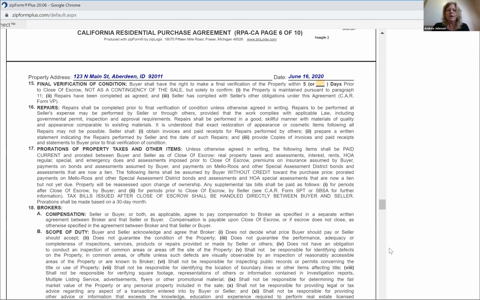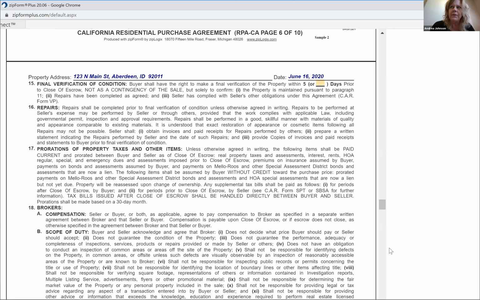Now, the walkthrough is not a time for the buyer to come through and say, oh, we didn't notice that before. We want them to fix this. Sorry, you didn't notice it before, unless it's something that occurred, say, during the seller's move out, like the movers banged a heavy antique armoire into the archway and put a big divot in the wall.